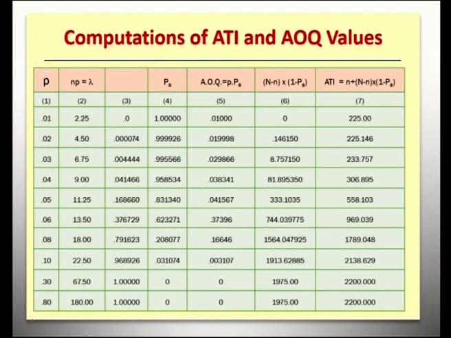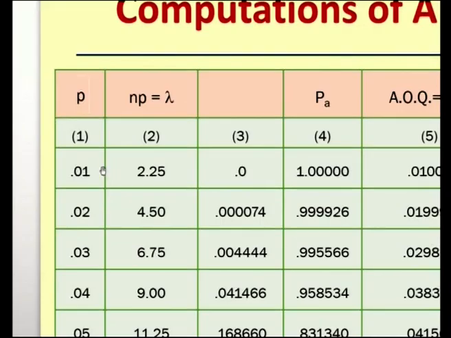Now, we shall see this table. First of all, the p values. Small p values are taken from 0.01 to 0.80.